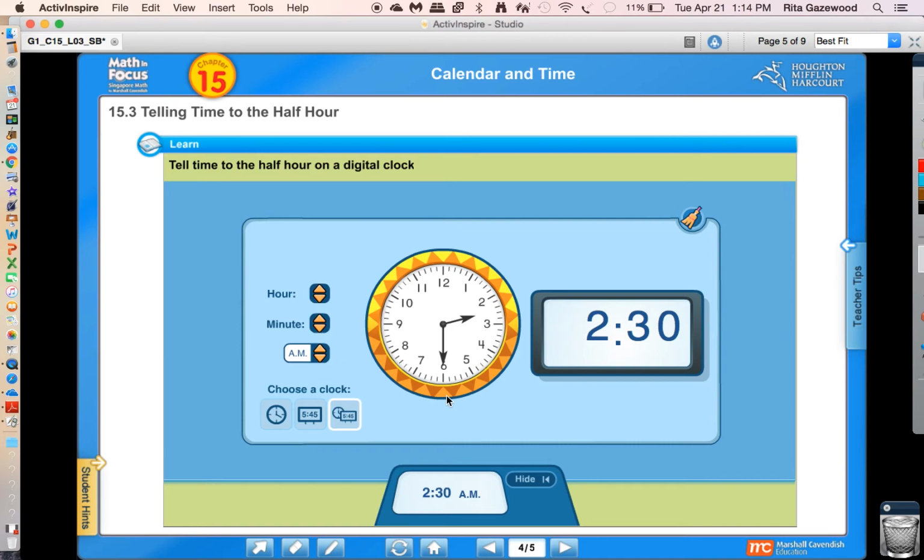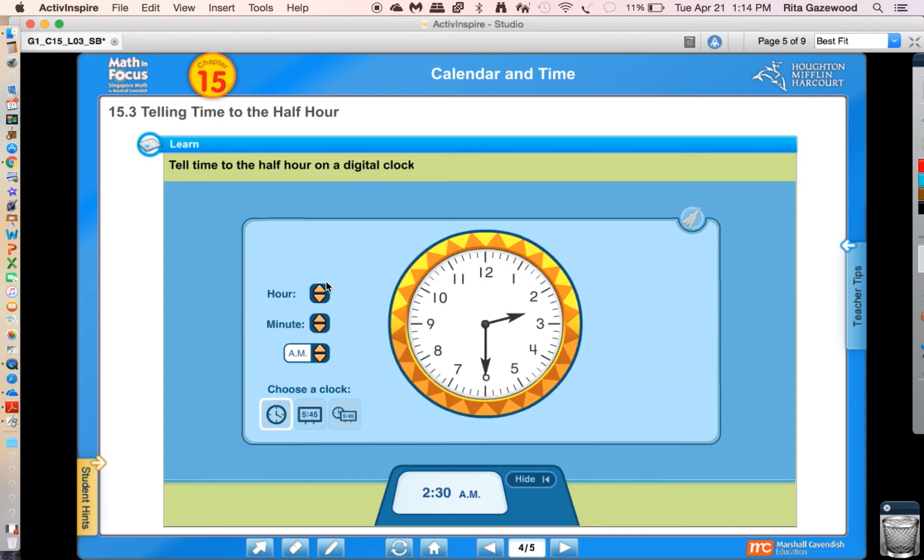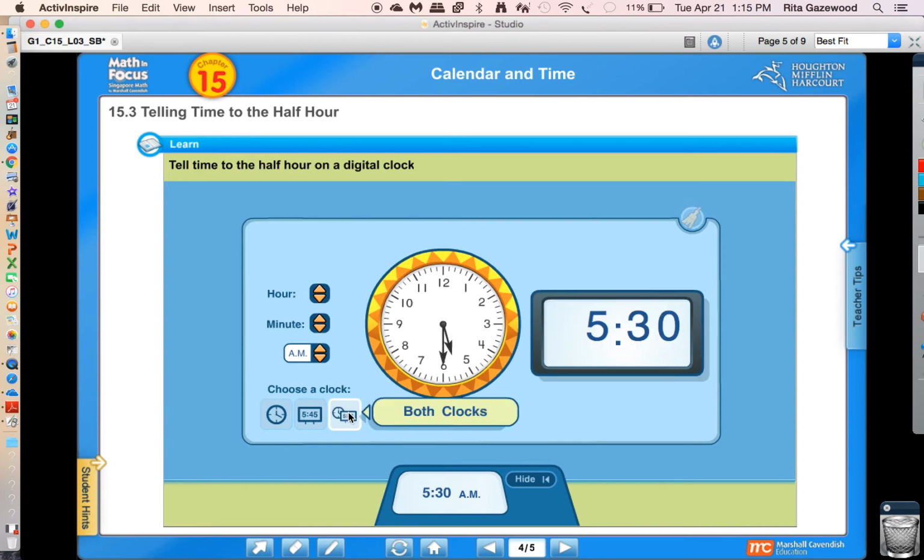I'm going to give you another time, and I want you to show it to me on your clock. I want you to show me 5:30. Does yours look like mine? You want to see how it looks on a digital clock. 5:30.